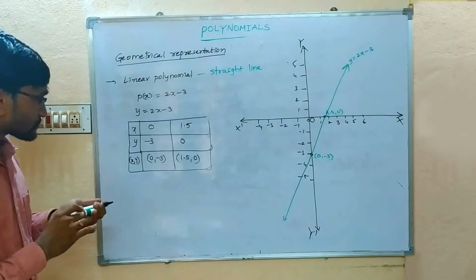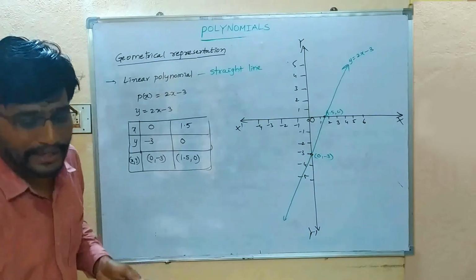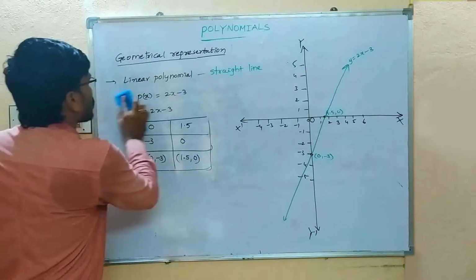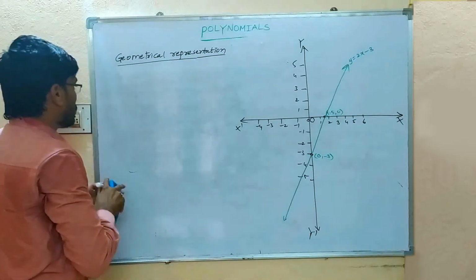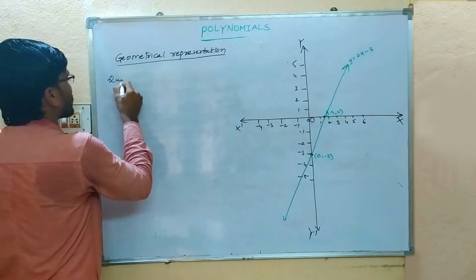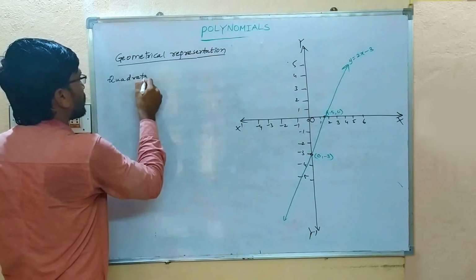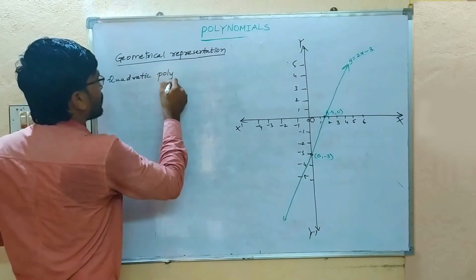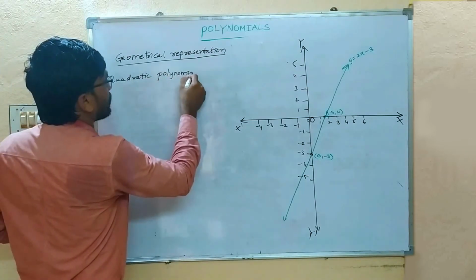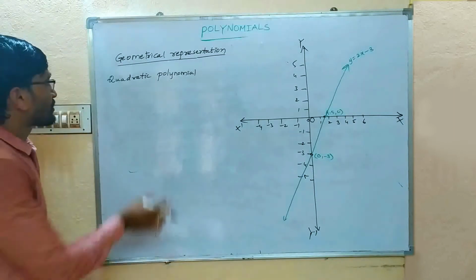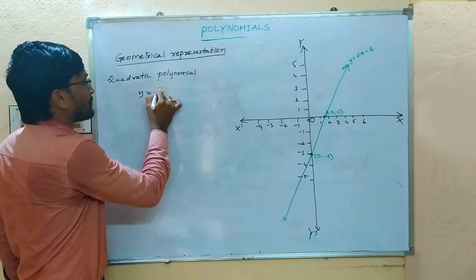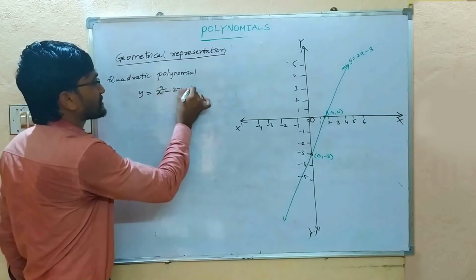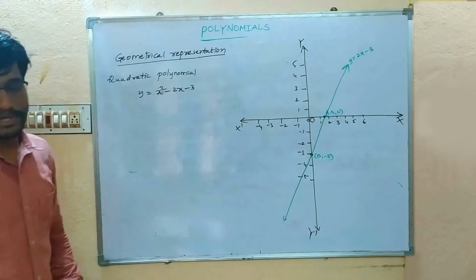Next, let us go for the quadratic polynomial. How can we draw the graph of a quadratic polynomial? Let us consider the quadratic polynomial y is equal to x square minus 2x minus 3.